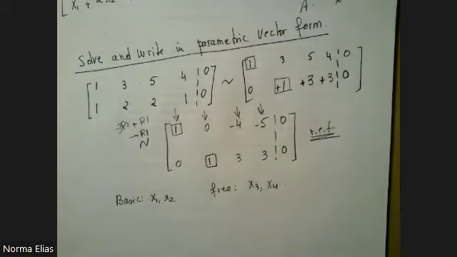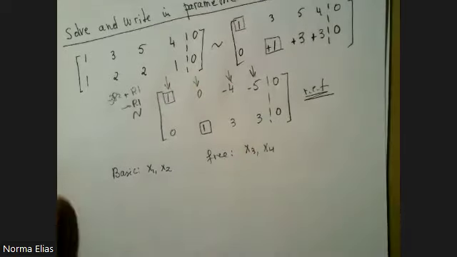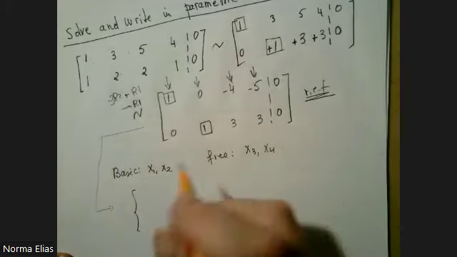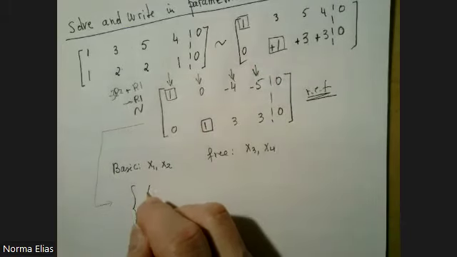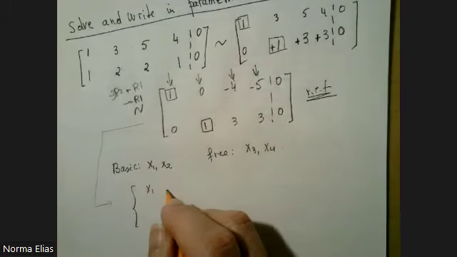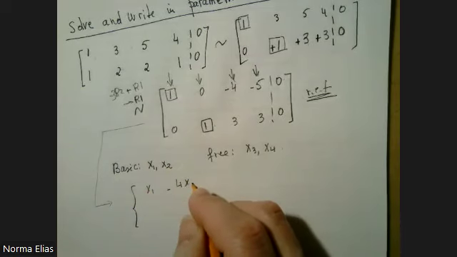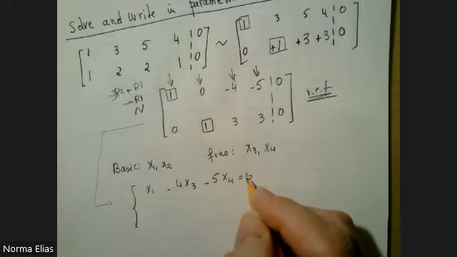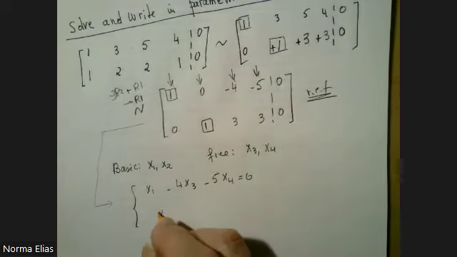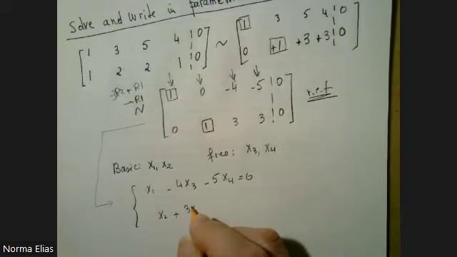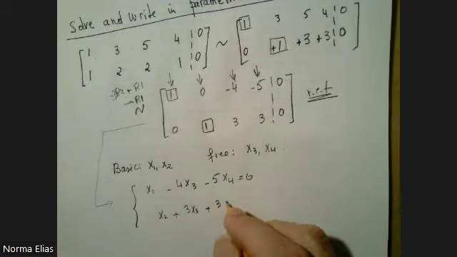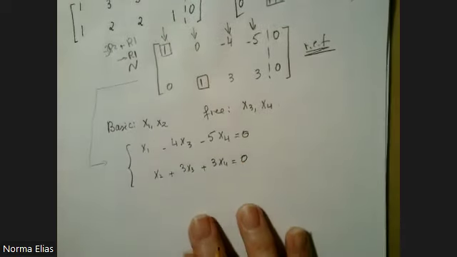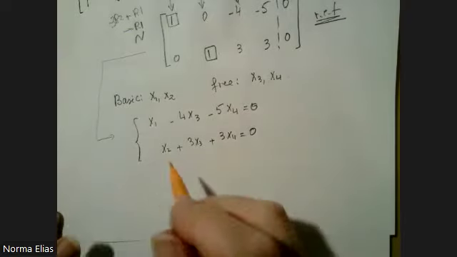Now let us write the system that corresponds to the augmented matrix in echelon form. The first row reads x1 minus 4x3 minus 5x4 equals 0. The second row reads x2 plus 3x3 plus 3x4 equal to 0.